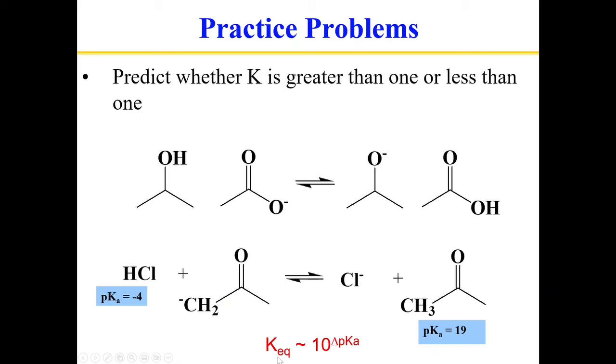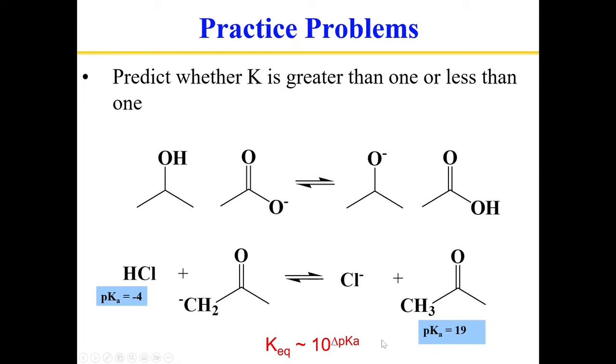That tells me that my equilibrium constant for this reaction is 10 raised to the power of that difference. We always take the final minus the initial. So 19 minus negative 4 tells me that the equilibrium constant for this reaction is 10 to the 23rd. That's a very large equilibrium constant. If it's anything greater than 1, then we expect it to favor the products.